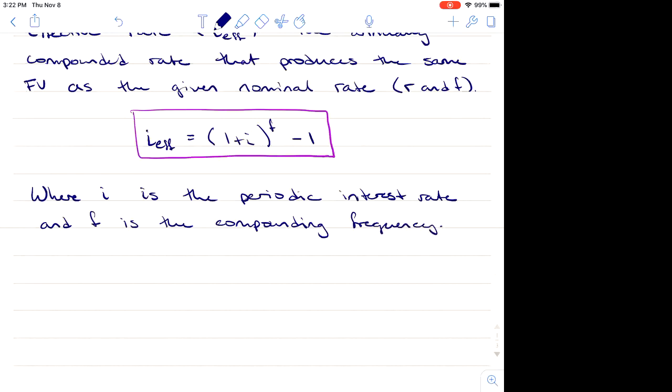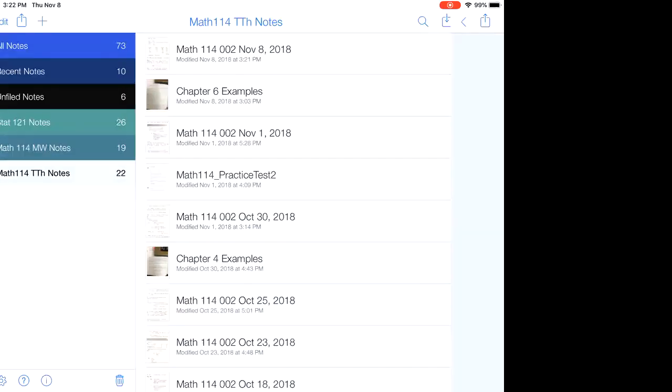Those definitions aren't new, but it's just emphasizing that they're going to be the same. So let's do a little example, example 193 here.